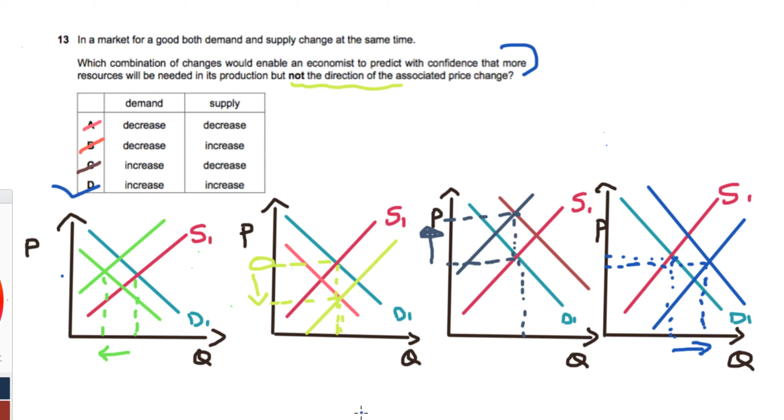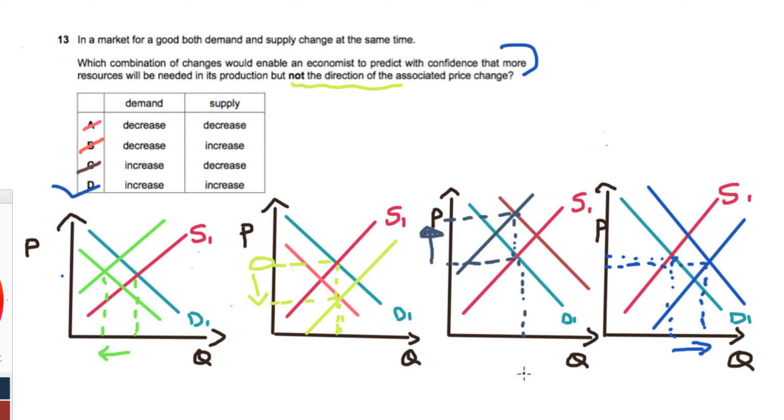Whereas if they move in opposite directions, as in option B and option C: in option B, demand is decreasing and supply is increasing, and we know that the price decreases and we cannot be sure about the quantity. And in option C, demand is increasing and supply is decreasing, and we know that the price increases certainly, but we do not know about the quantity.